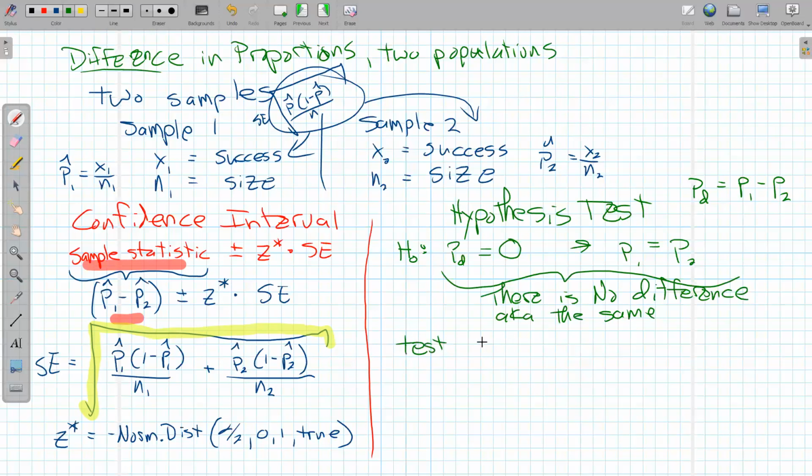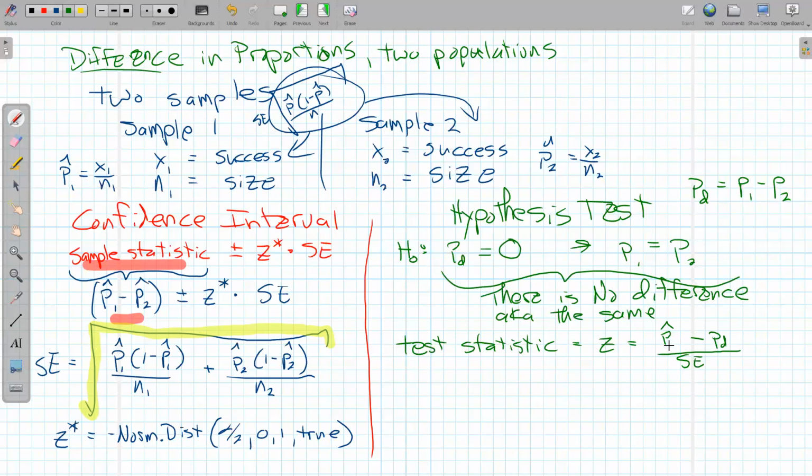So the test statistic is going to be a z-score, because I have a proportion. And it is going to be a summary statistic from P1 and P2, I'm just going to call P hat, minus whatever we say P difference is, divided by the standard error.